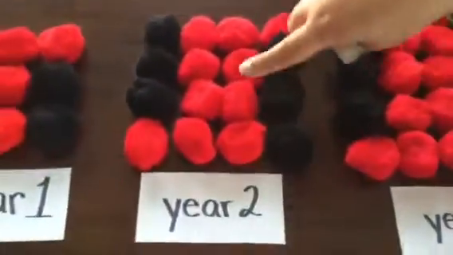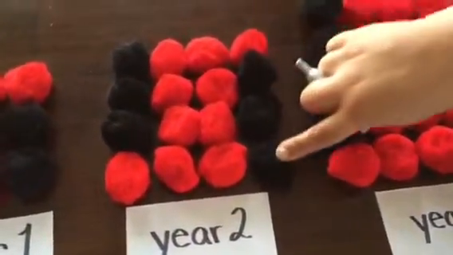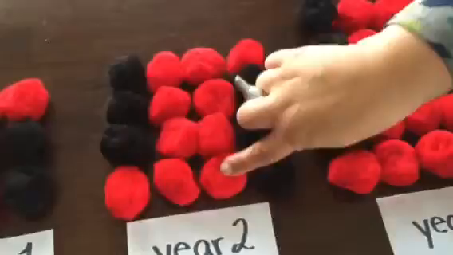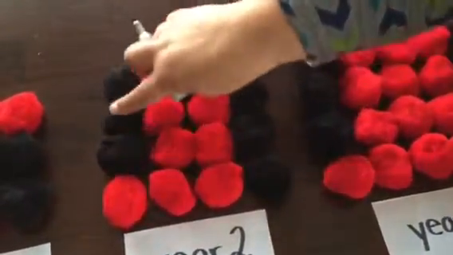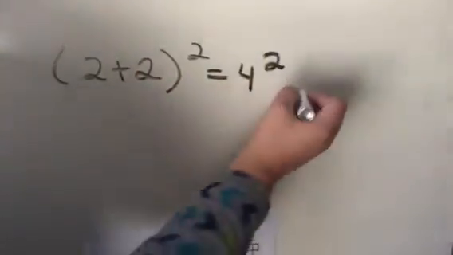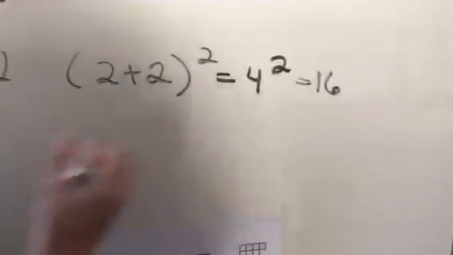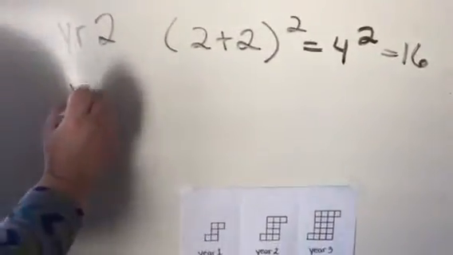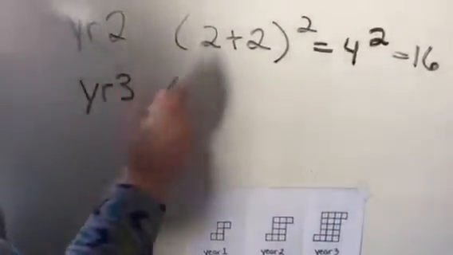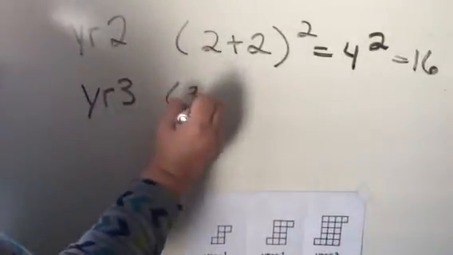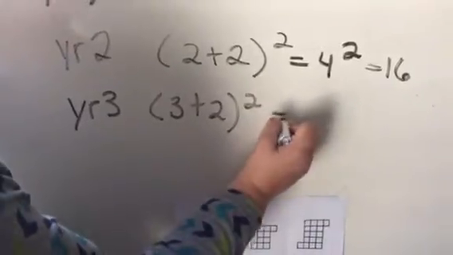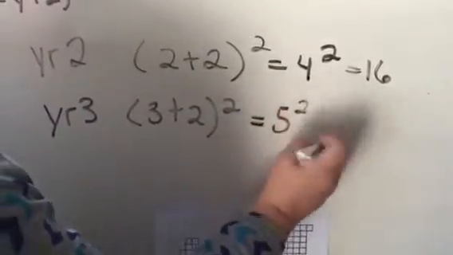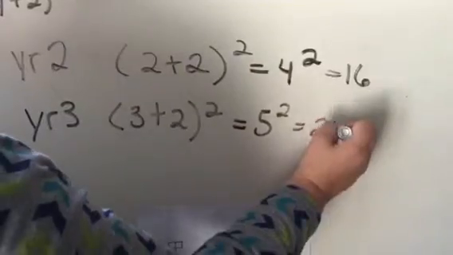year 2 is 4 squared, or 1, 2, 3, 4, 5, 6, 7, 8, 9, 10, 11, 12, 13, 14, 15, 16. And 4 squared is 16. For year 3, it would be y, which is 3, plus 2 squared, or 5 squared, which is 25.